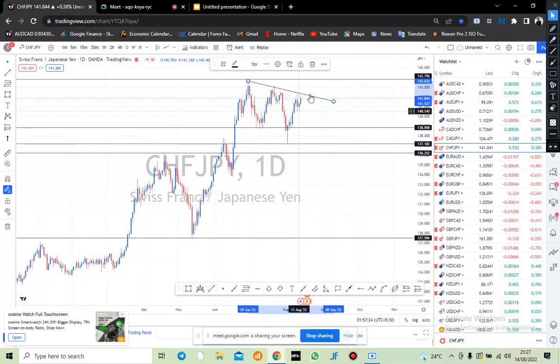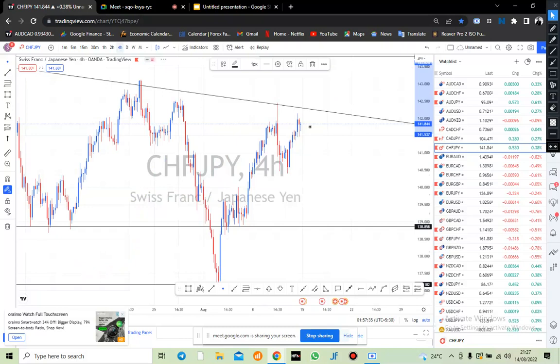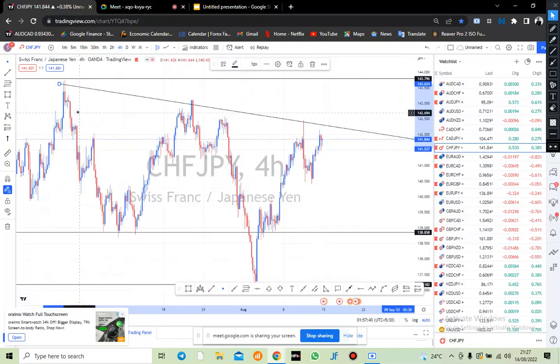Okay, so as the price is now approaching the resistance trend line, let's see what is going to happen on the 4-hour time frame. Okay, let me adjust the line.